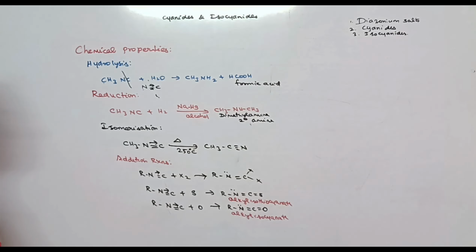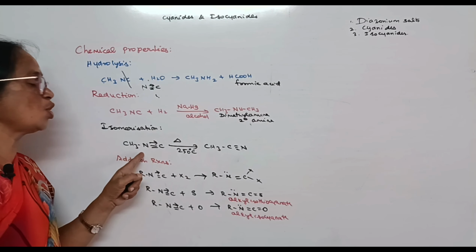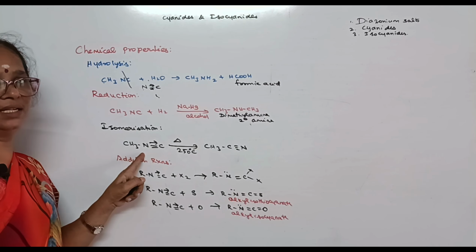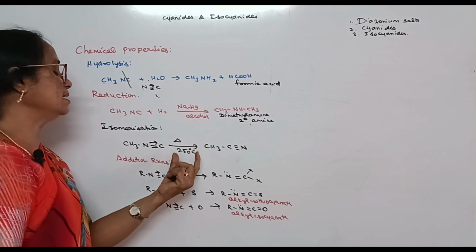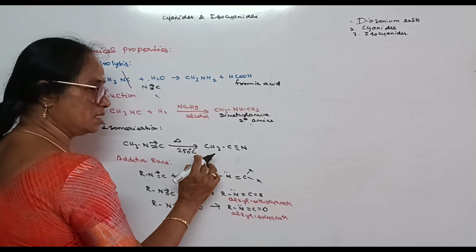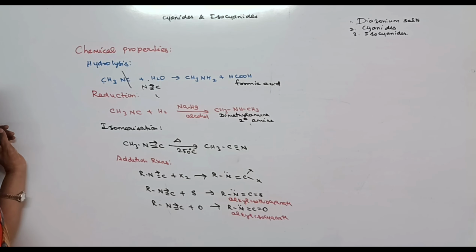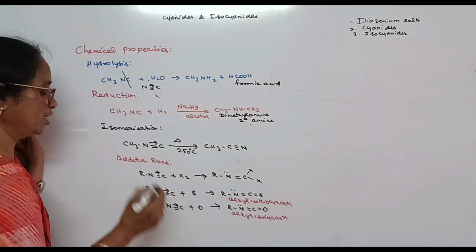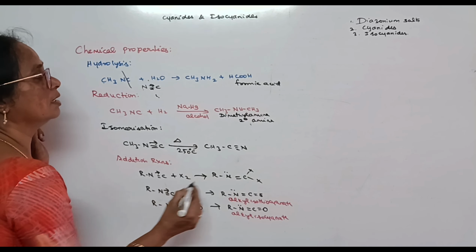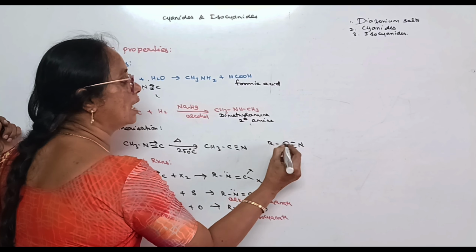The next one, isomerization. We said cyanides are isomeric with isocyanides. So when isocyanide is heated to 250 degrees Celsius, it gets isomerized to nitriles or cyanides. Addition reaction. In this case, the cyanide group is C triple bond N with alkyl.